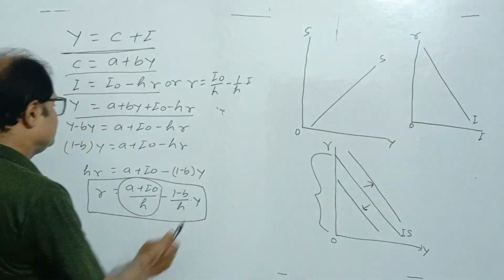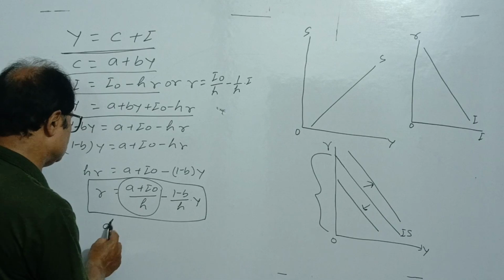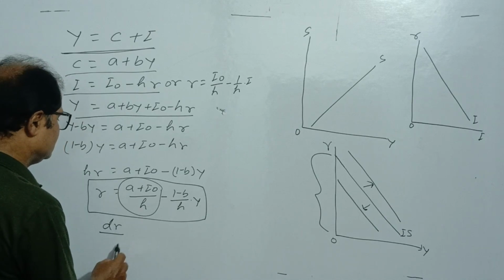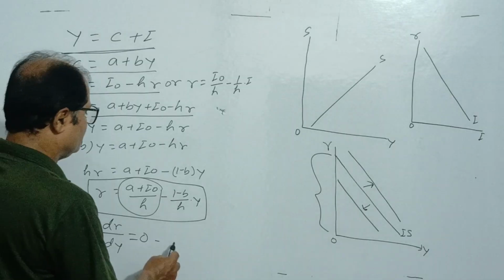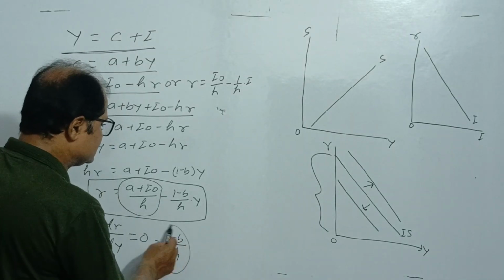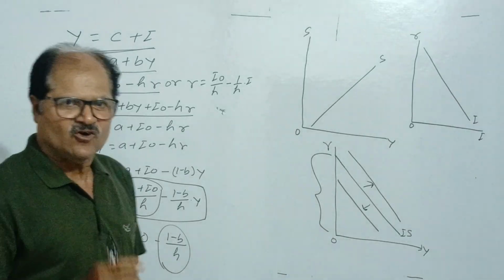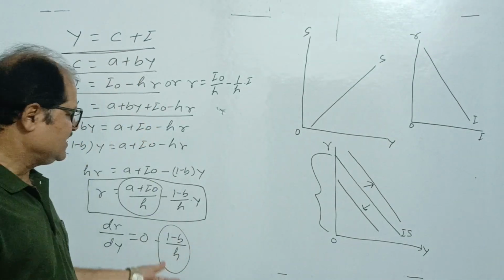Slope of this curve we can get by using calculus: dr/dy will be the slope, and this is equal to minus (1 minus b) upon h. So this is the slope of the IS curve. Obviously, there are two factors affecting the slope of the IS curve.